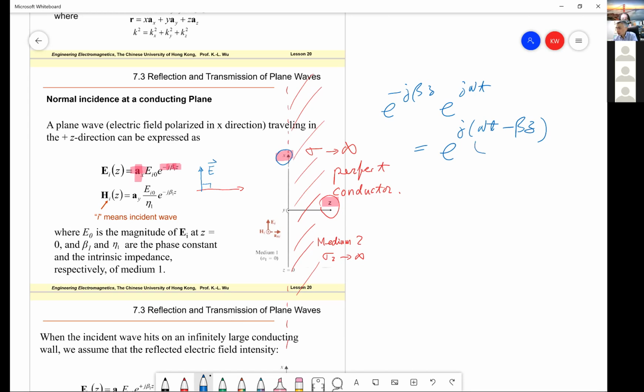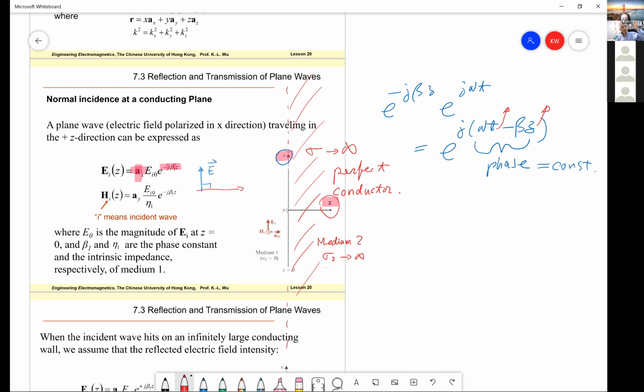Okay, so this is the phase. If I keep the phase constant while time increases, what should z be? z must be increased too, right?